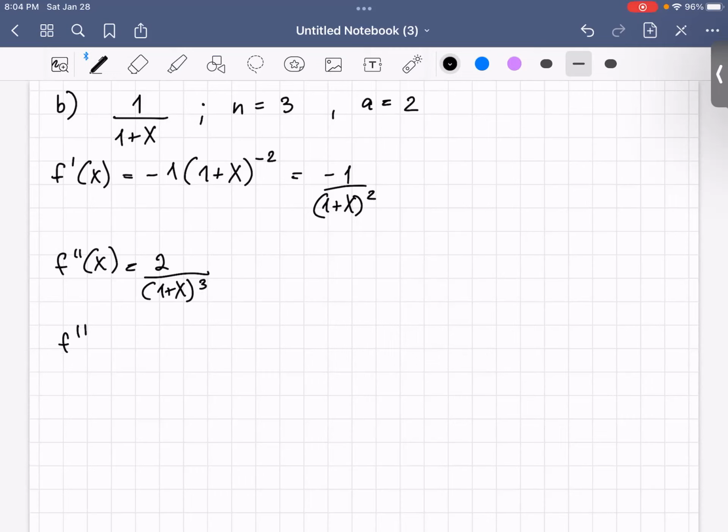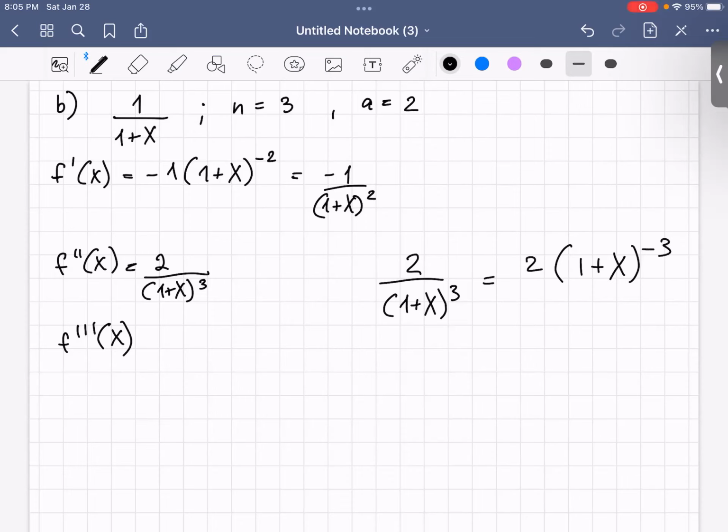The third derivative, let's compute this one. So the first derivative is this, then we just differentiated it and made it this, okay? And then the derivative of 2 over 1 plus x cubed can be rewritten as 2 times 1 plus x to the power of negative 3.